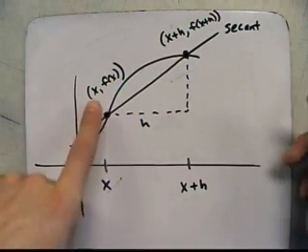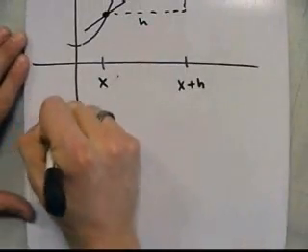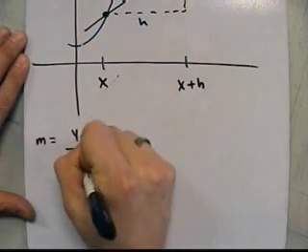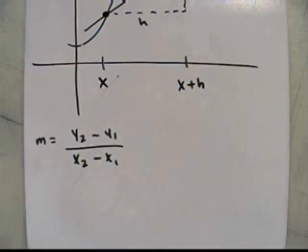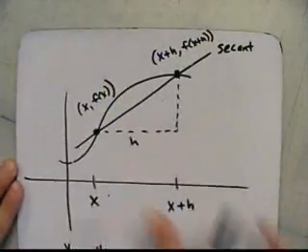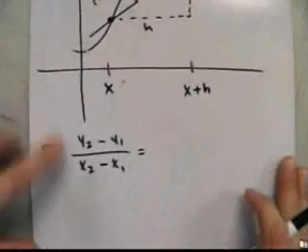Okay, so those are my two points that I'm looking at. I'm looking at this point and this point. Now, to put that together in a slope, I'm going to come down here to my slope. Slope is y2 minus y1 divided by x2 minus x1. So it's basically the change in y's over the change in x's. Now I'm just going to plug my points into the slope formula. First I take the second y.